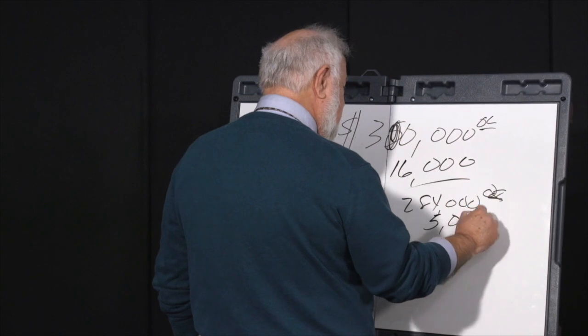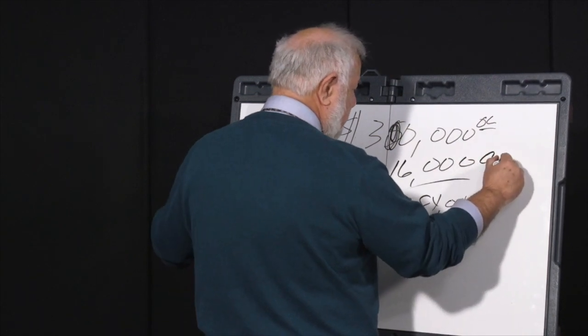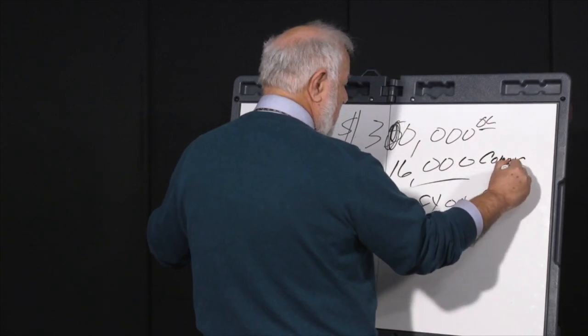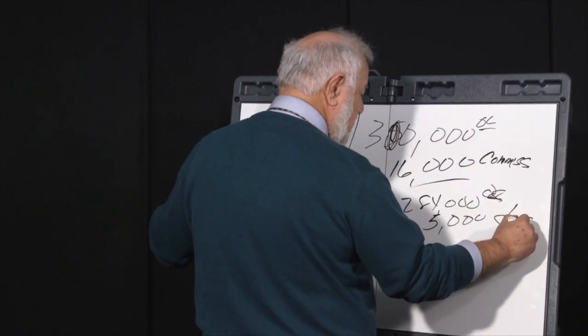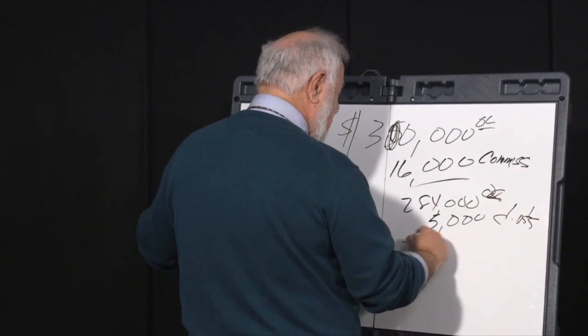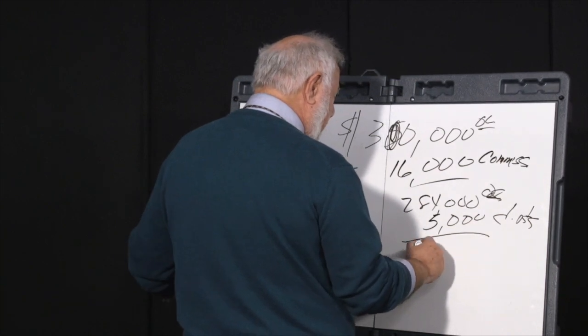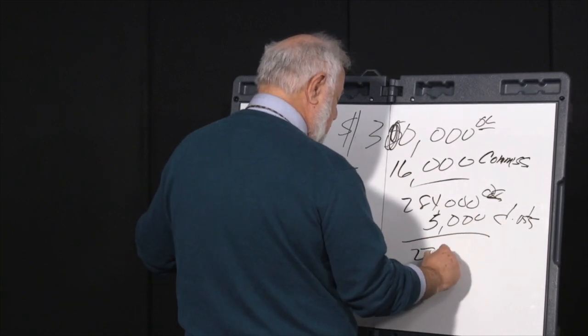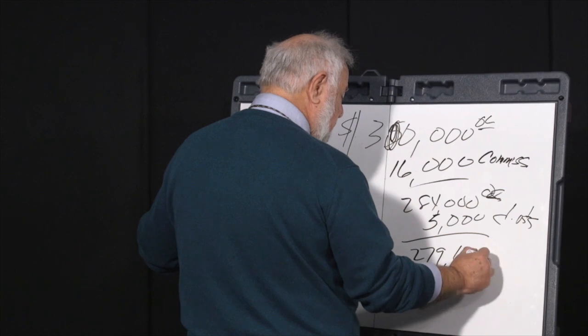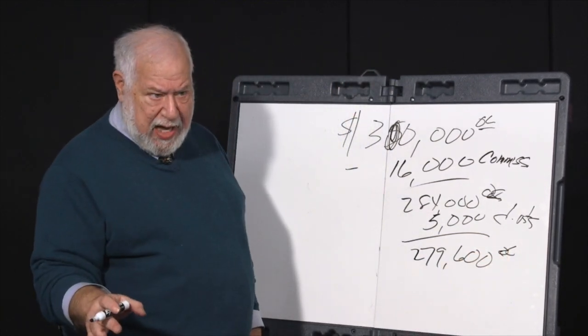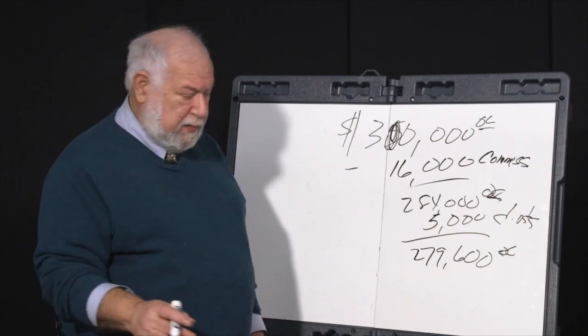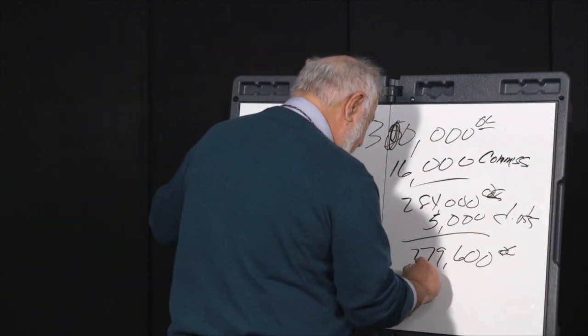So I got $16,000 of commissions and $5,000 of closing costs, so we got $279,000, but we still have an elephant in the room. We still owe $126,000 on the previous mortgage. So we're going to pay that off right now.